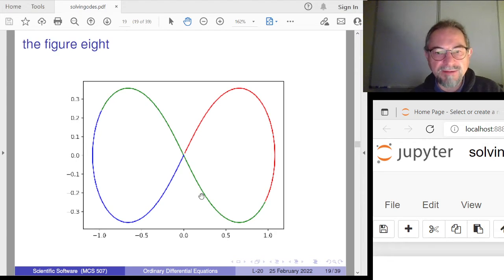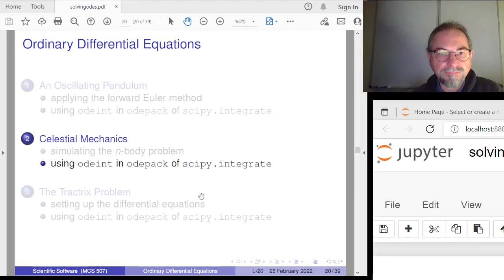But if the animation goes on for longer, the bodies will each traverse the entire figure 8. So this is a very strange and a very nice solution for this system of differential equations. This is a nice model.